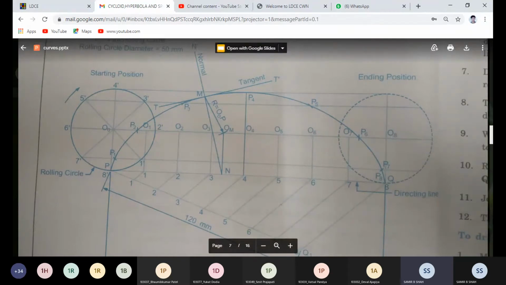Now take the length O0P equal to 25 mm, as we know that the radius O0P is equal to 25 mm.